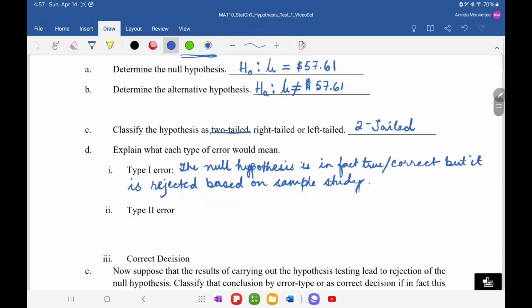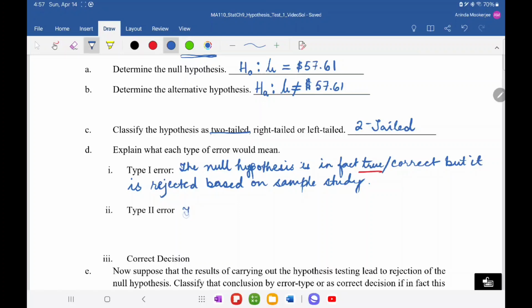Again, for a type 1 error to happen, the null hypothesis has to be true. For a type 2 error, the null hypothesis should be false. So if we have not rejected a false null hypothesis, then we have made a type 2 error.